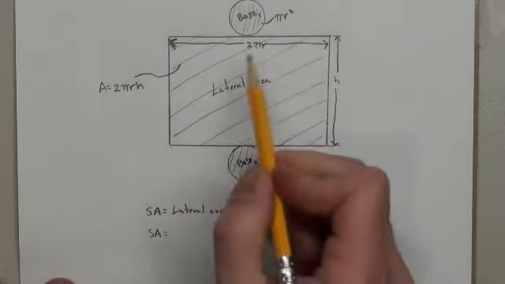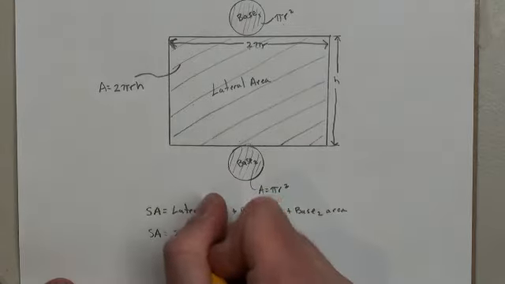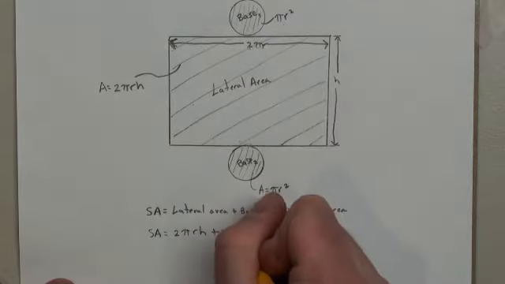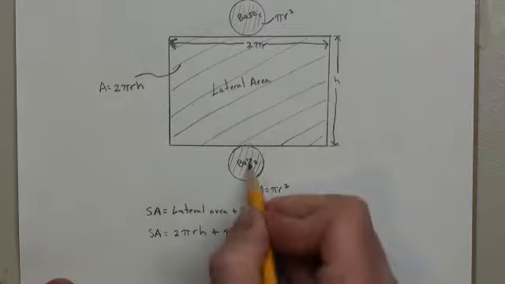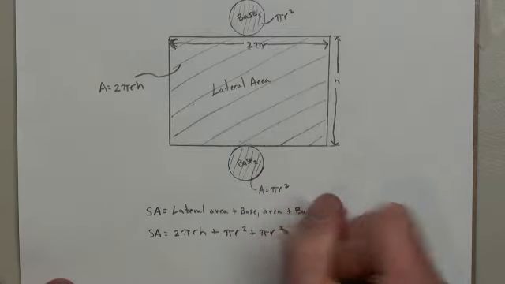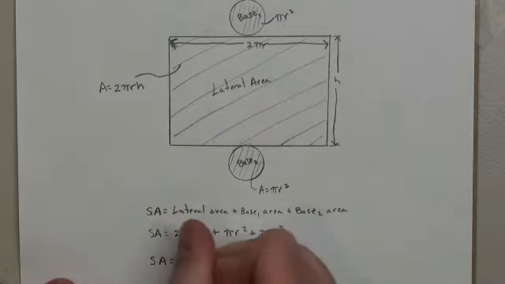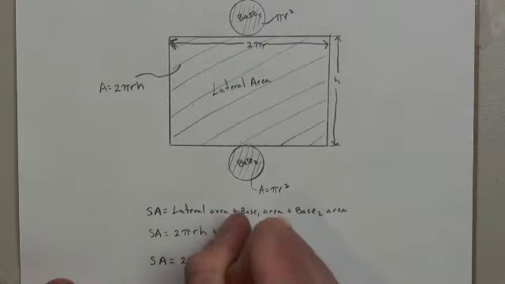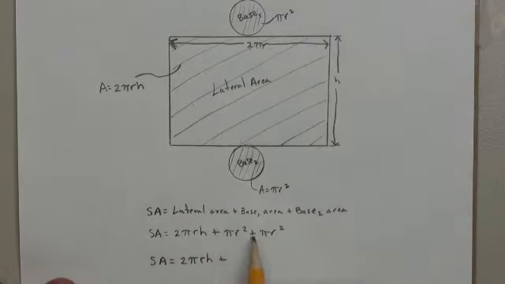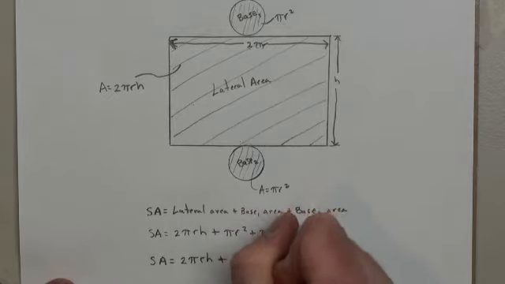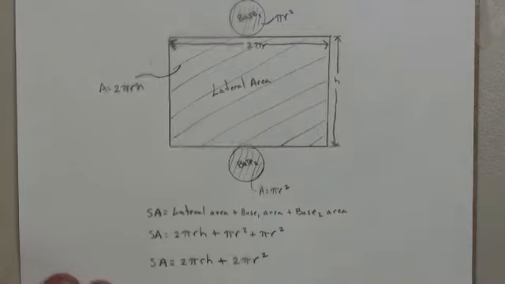Surface area equals 2 pi rh, my lateral area, plus the area of this circle, pi r squared, plus the area of this circle, pi r squared. And that's where we get our 2 pi r squared. So finally we get back our formula from before, 2 pi rh plus, now this is like x plus x, which is 2x, so it's just 2 pi r squared. Okay, and that's exactly what we see up here.